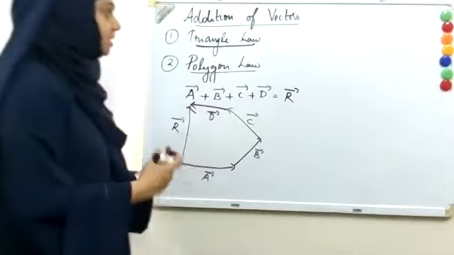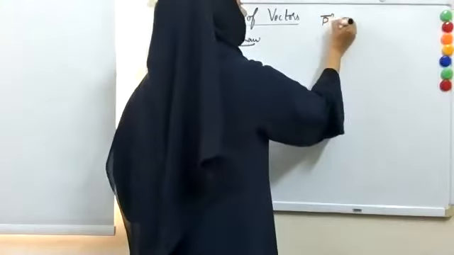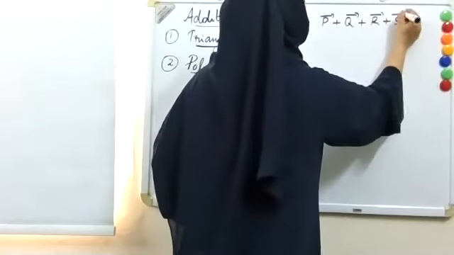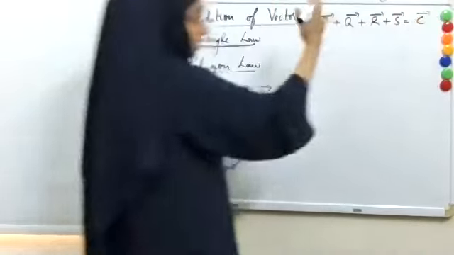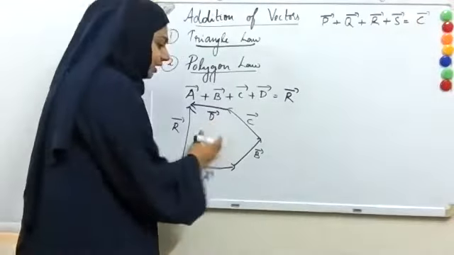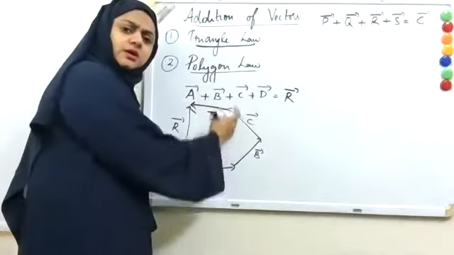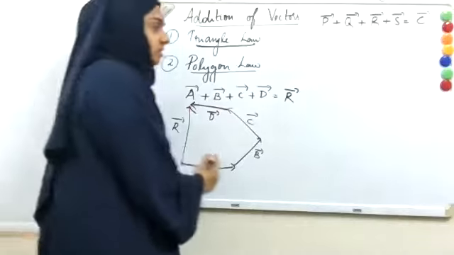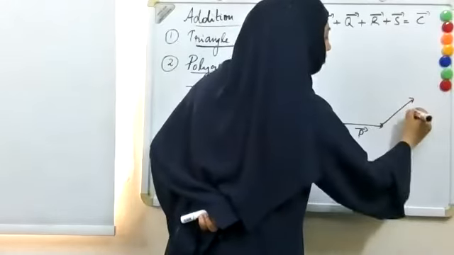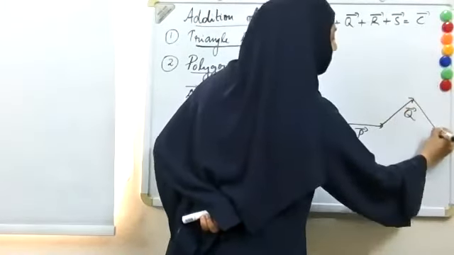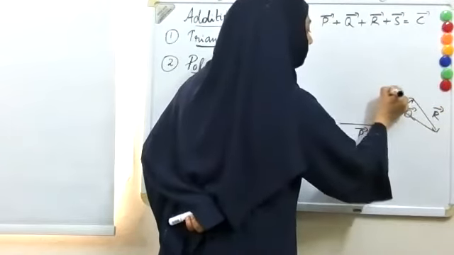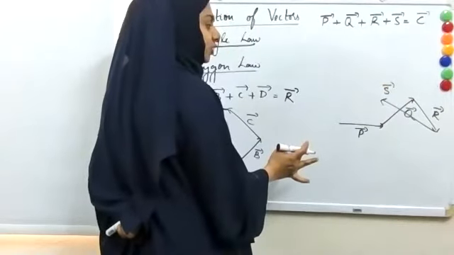Now I would like to take another example, vector P plus Q plus R plus S will give you vector C, suppose. In that case, I just want to show you that it may not always become a loop like this. For example, if vector P is this, and you have vector Q this one, and vector R this one, and vector S this one, then how will you draw vector C?